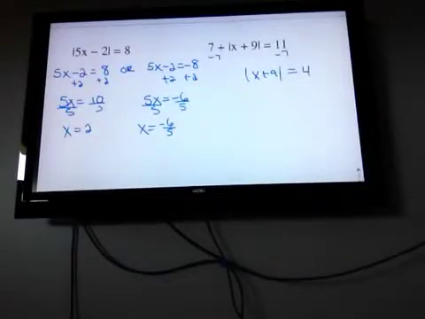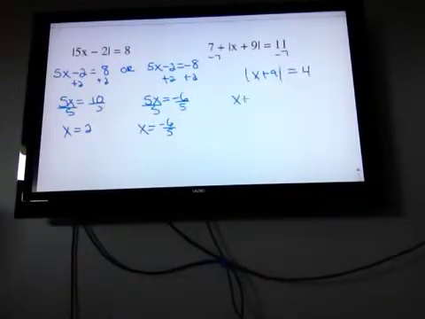Now I can set up my cases. If you don't isolate the absolute value first, I won't even grade the right side of the question, case 2, because it's not even going to be right. So get that by itself first.